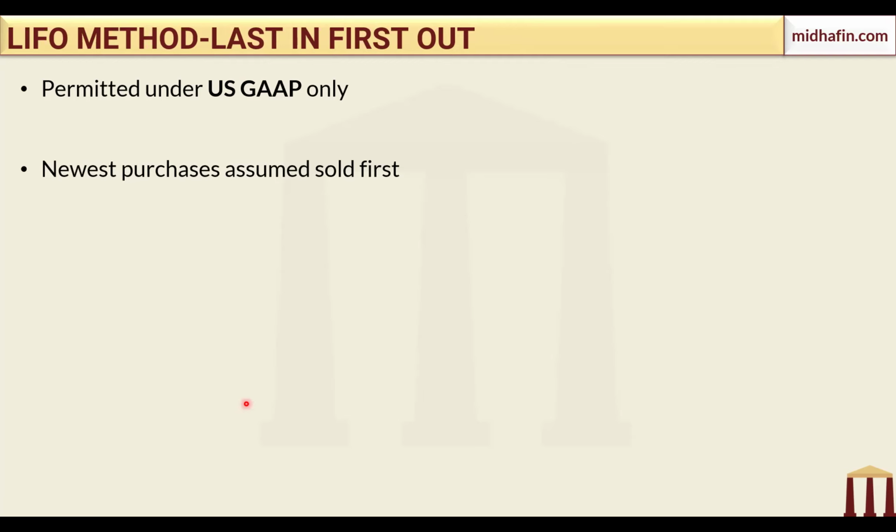So the last goods which are added to the inventory will be treated as the first goods leaving your inventory. And because of that, tell me, cost of sales or cost of goods sold, will they be reflecting the recent cost or the old costs? Think about it in LIFO.